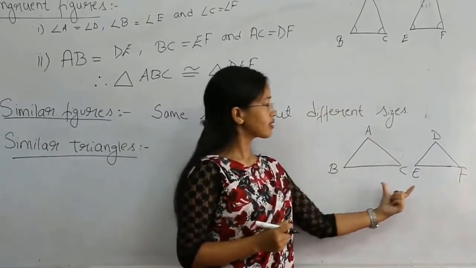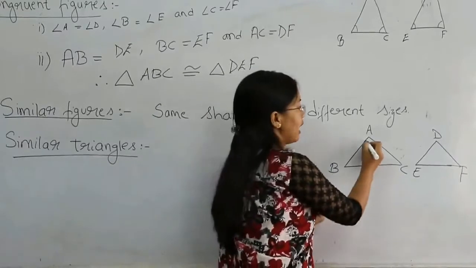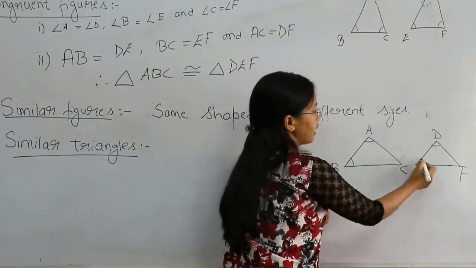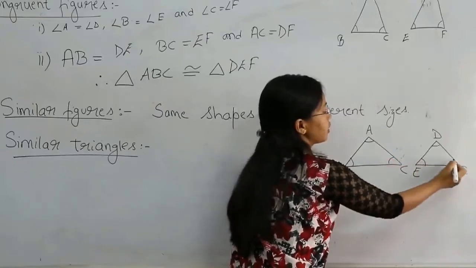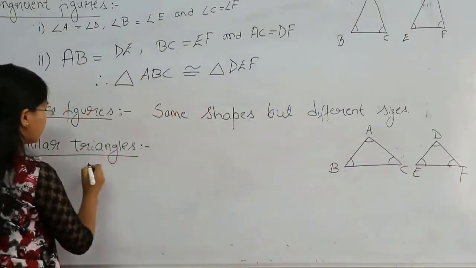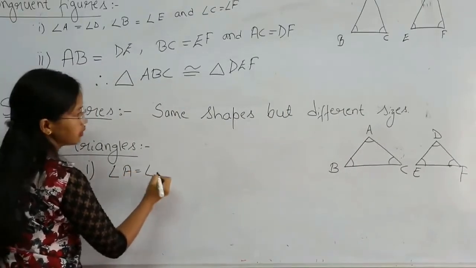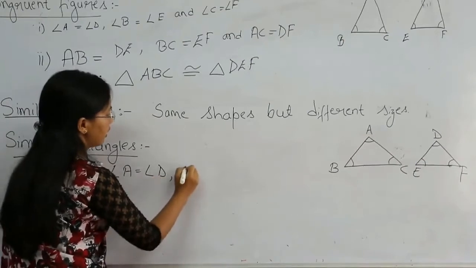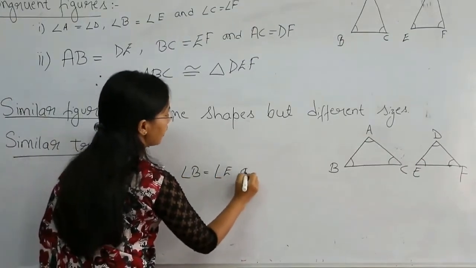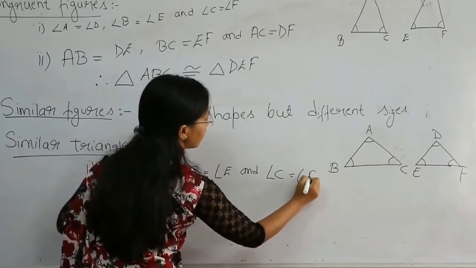These two triangles are similar if their corresponding angles are equal. It means angle A equals angle D, angle B equals angle E, and angle C equals angle F.